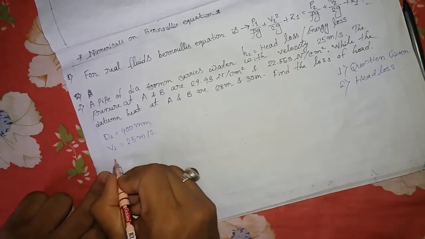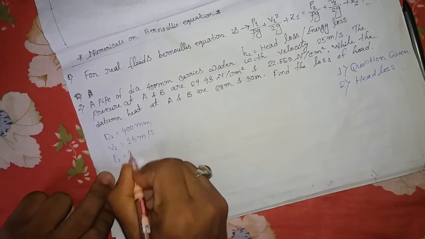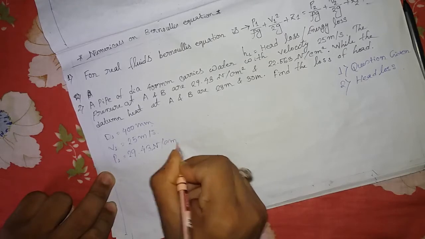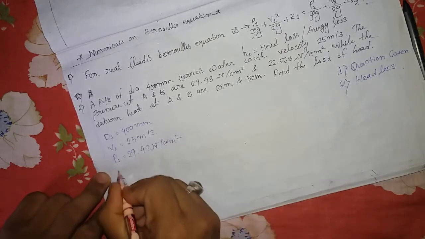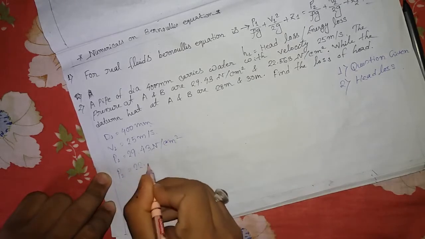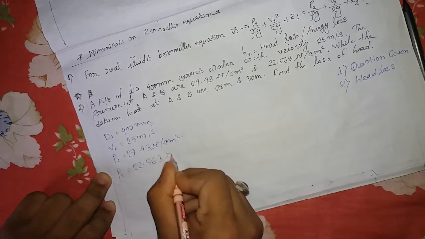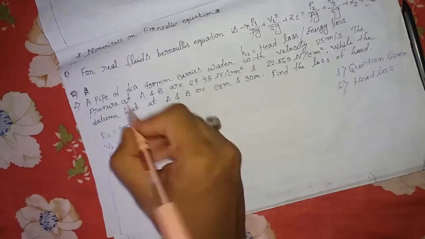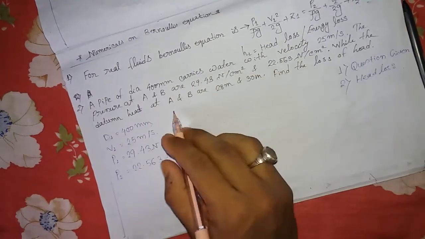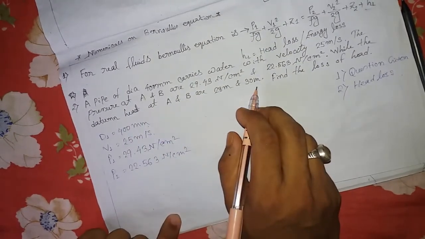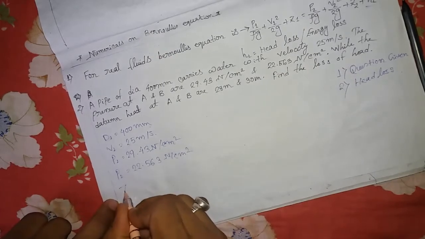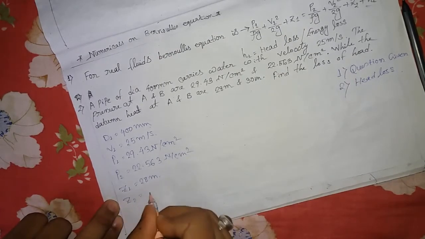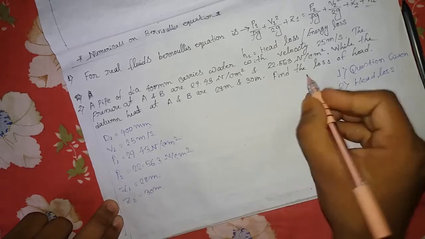Pressure P1 equals 29.43 Newton per centimeter square and P2 equals 22.563 Newton per centimeter square. While the datum heads at A and B are 28 meter and 30 meter, that means Z1 equals 28 meter and Z2 equals 30 meter. Find the loss of head.